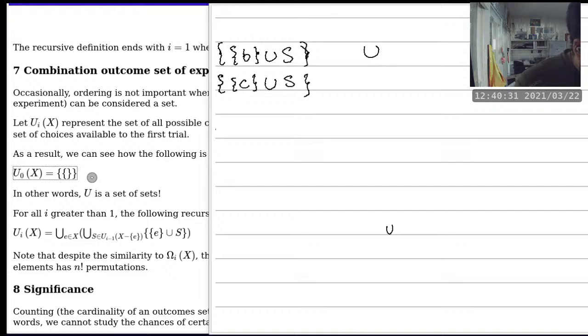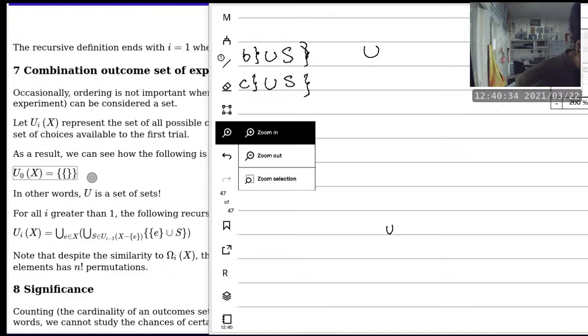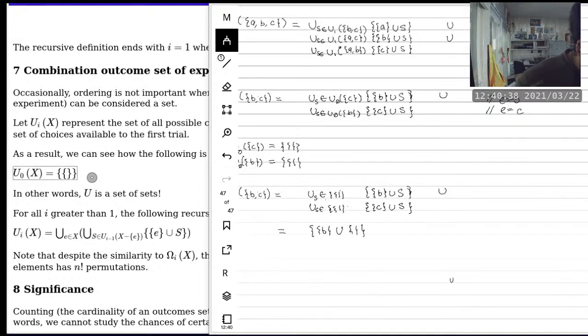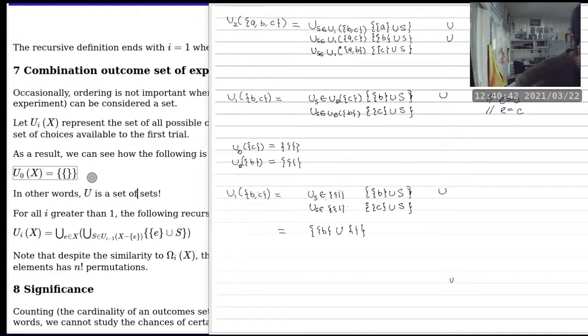I turned on the pinch method, and that's why it kind of zoomed in. That is now unioned with the set that has C in it, unioned with also just the empty set.